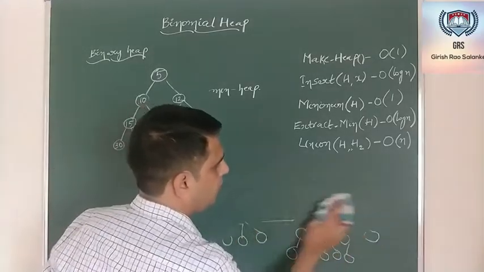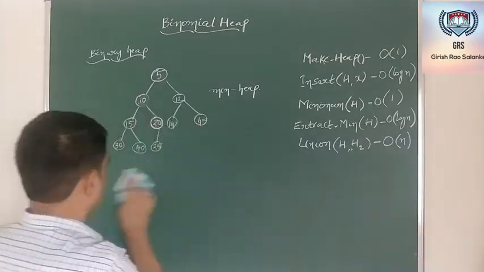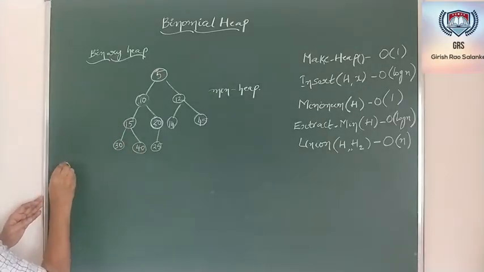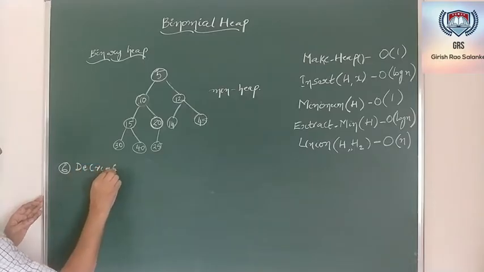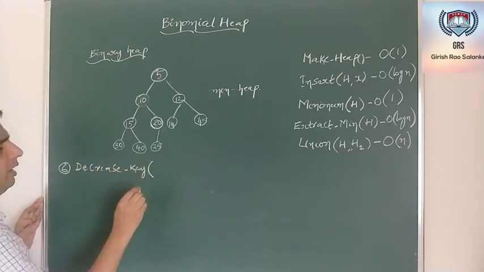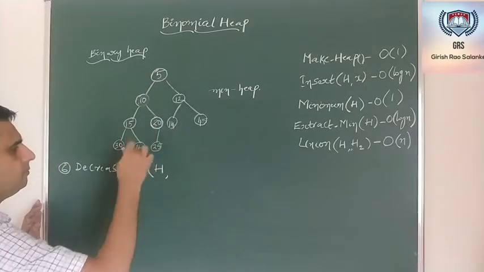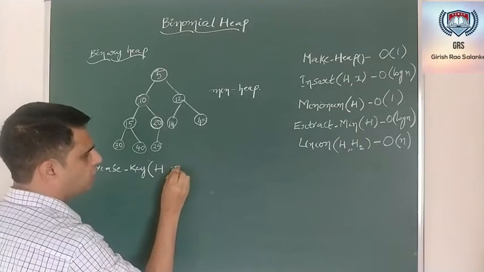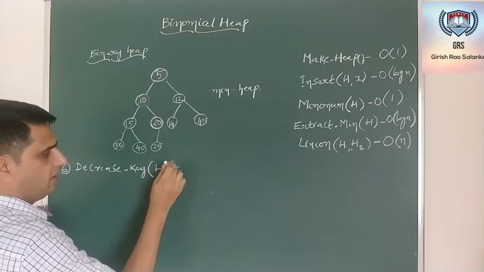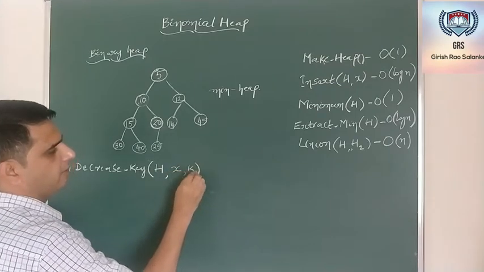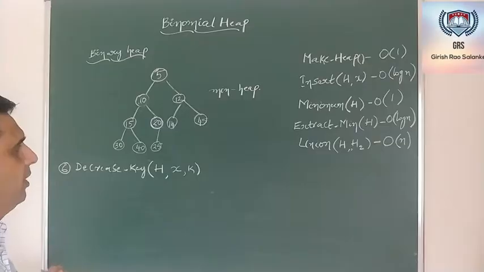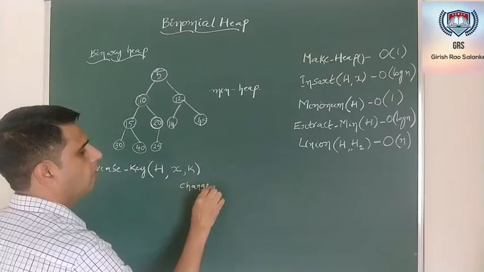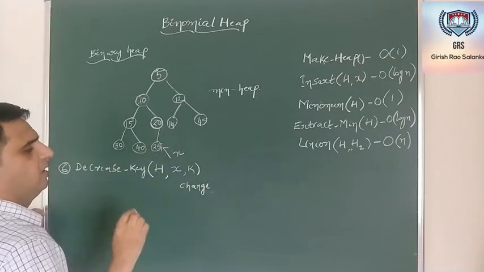Now moving on to the next operation. The next operation, let me call it decrease key, wherein on a heap denoted with H, I need to decrease the key stored in node X to a value K. Say for example, let me have this node X. Node X is 25.